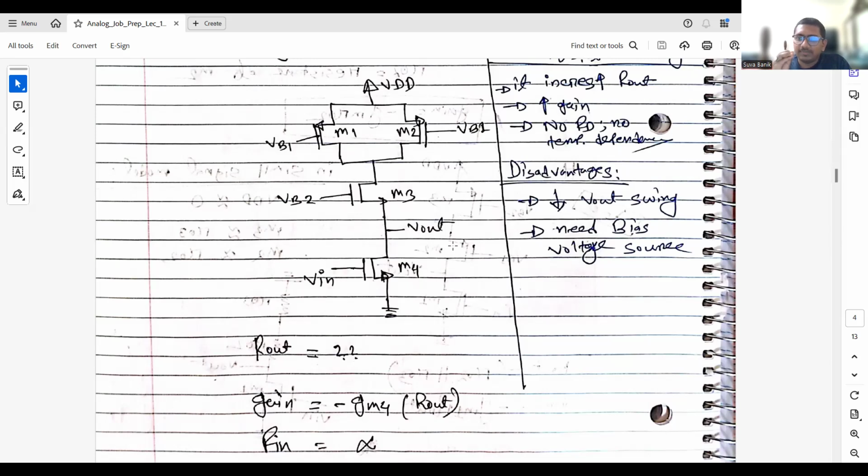If we replace RD with an active current source, then we need to find the output resistance of this current source. We can assume the output resistance of this current source is simply RO. So the intrinsic gain is nothing but minus GM RO. I think it's clear, and if you practice these circuits, it's really helpful for you.